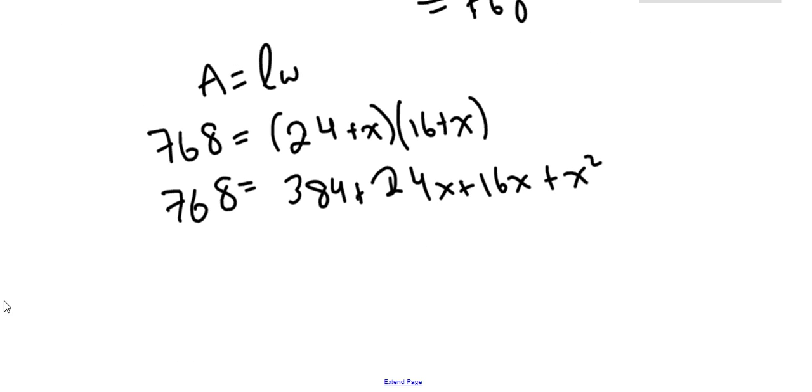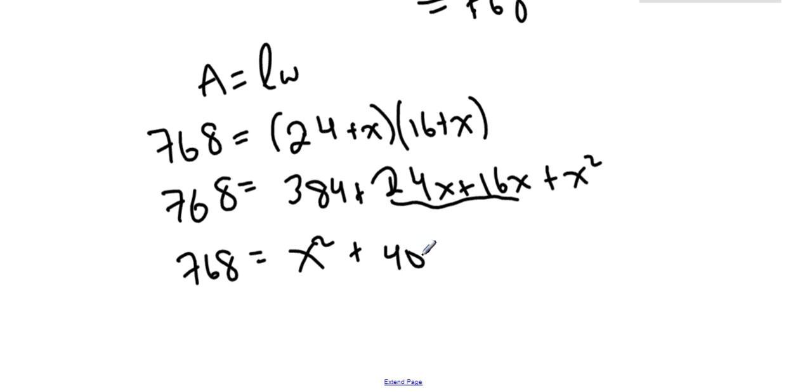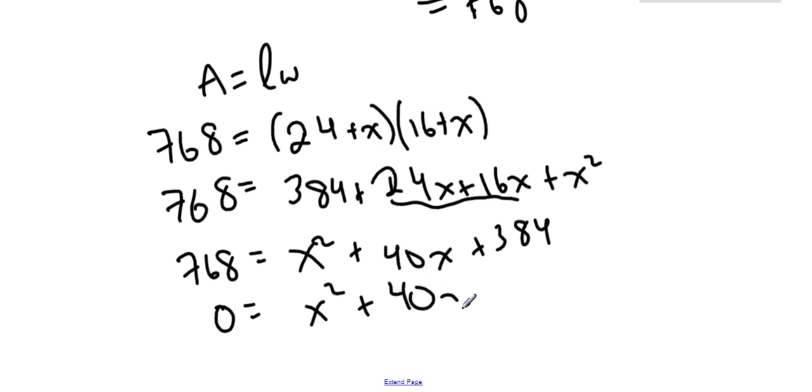So let's write everything in the proper order. So 768 equals x squared plus 40x plus 384. And finally, I need to make it equal 0, so we're going to subtract 768 from both sides. So when I subtract 768, I get negative 384.